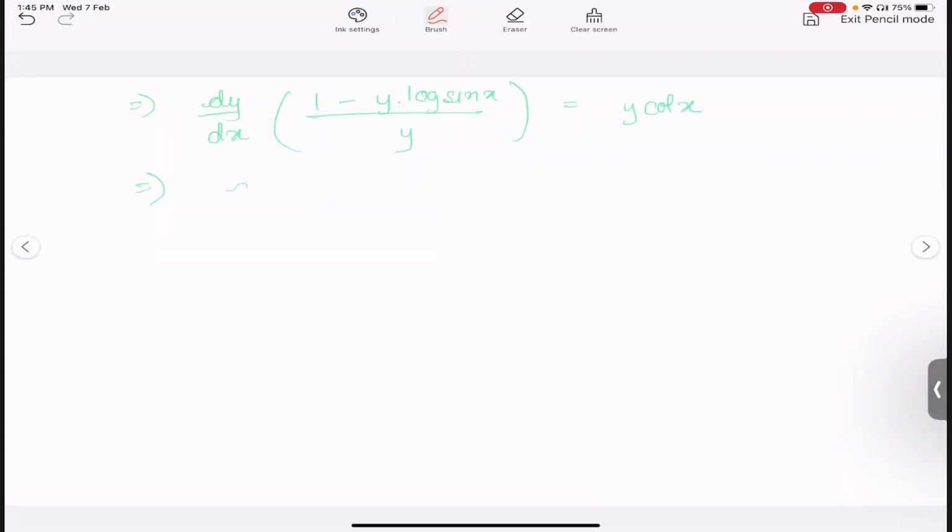Therefore dy by dx will be equal to y square times cot x by (1 minus y times log of sine x). So this is the answer.